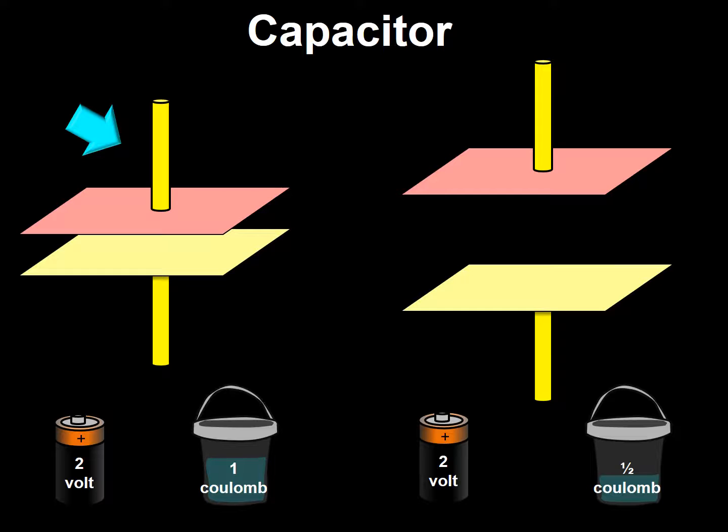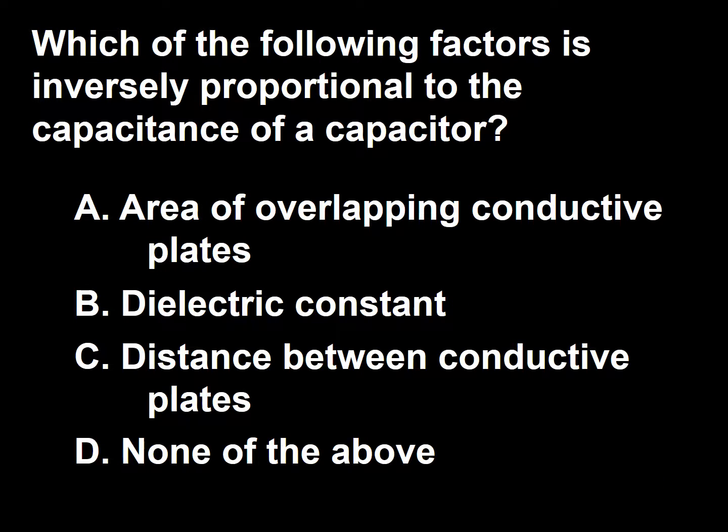Now if we go back to the original example and the plates are moved further apart from each other while keeping all other factors the same, the capacitance will decrease. The decrease in capacitance will translate into the holding of fewer coulombs. So the answer to this question is C.